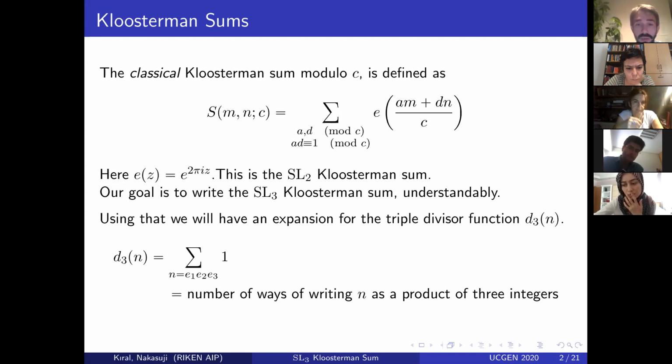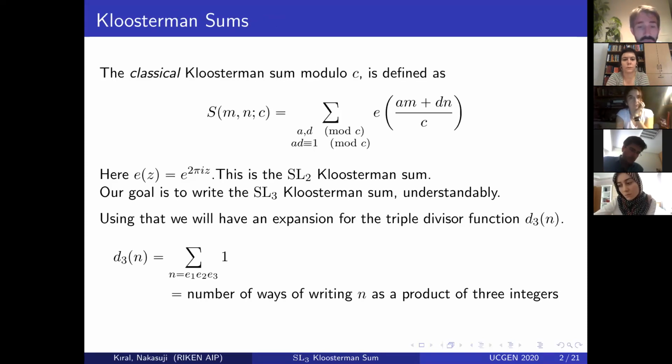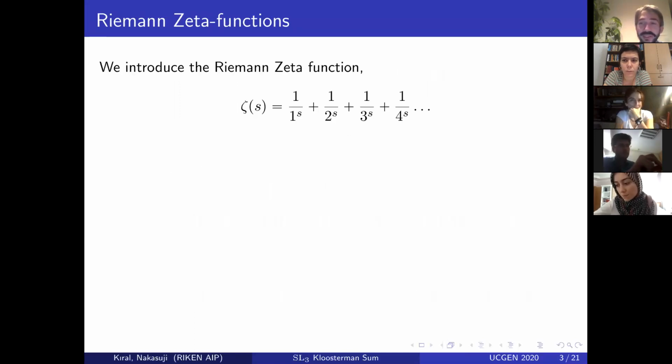We will be able to have an infinite Dirichlet series expansion for this arithmetic function, which could be useful in understanding moments of the Riemann zeta function. And on that note, you saw the second slide, I'm going to talk about the Riemann zeta function. This will be an interlude, quite a long one, about the Riemann zeta function.